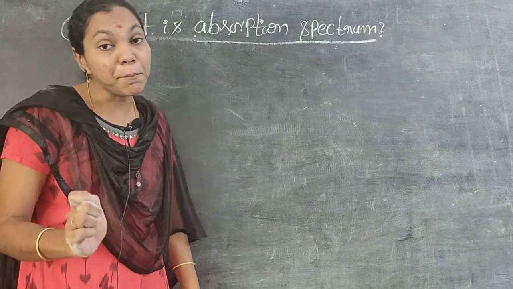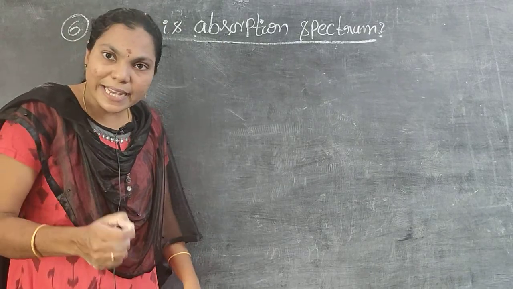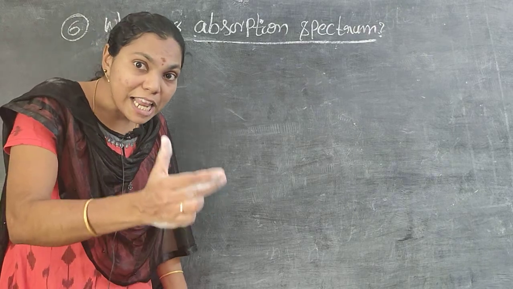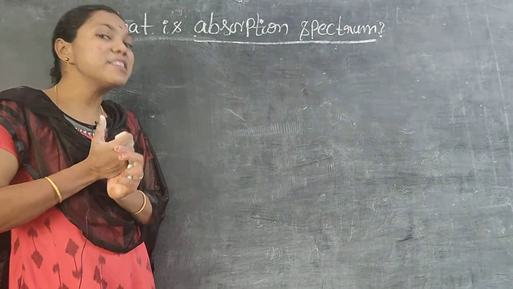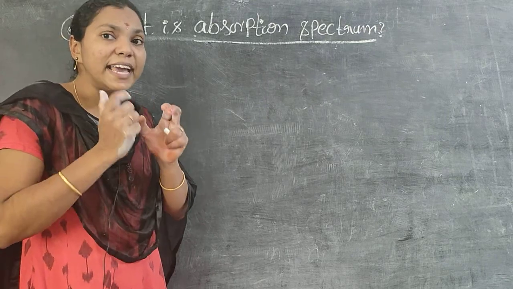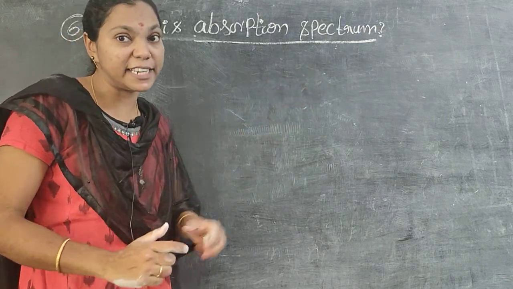Again, when an electron jumps from a lower energy level to a higher energy level, it absorbs a certain amount of energy. That energy is in the form of energy packets.